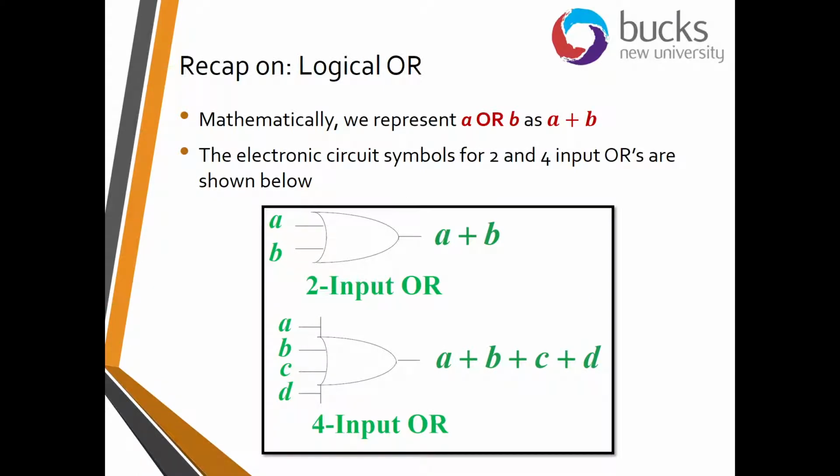Mathematically, we represent A or B as A with a plus symbol and B. The electronic circuit symbols for 2 and 4 input OR gates are what we're seeing here. It's a bit like a triangular shape with 3 sides, but they're all curves: a curve rounded at the back and then 2 curves coming together at a point, like a triangle on its side pointing towards the right hand side.